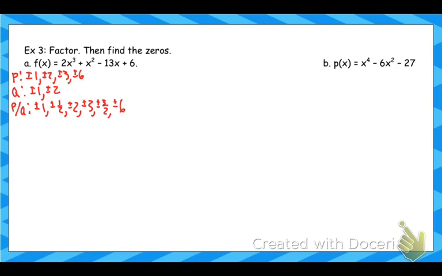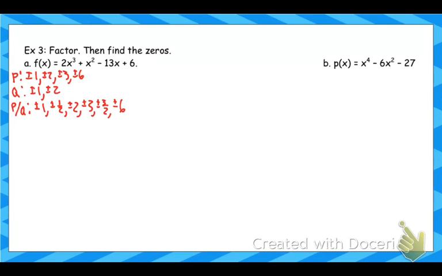Now what we have to do is the not fun part. We pick one of those numbers to start with, and we do synthetic division, and see if we get 0 as a remainder. If you get 0 as a remainder, that's great. If you don't, then we have to start all over again with a new number.